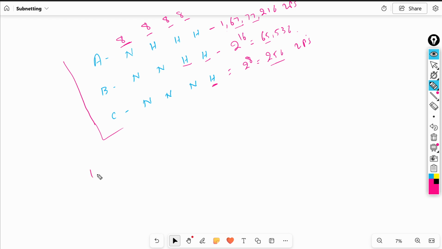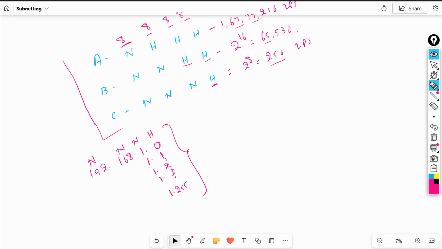So for example, 192.168.1.0, this is one network in class C. Here, this is the network portion, this is the network portion, this is the network portion, this is the host portion. The host portion always starts from 0 and ends with 255. So 1.0, 1.1, 1.2, 1.3, like that up to 1.255.